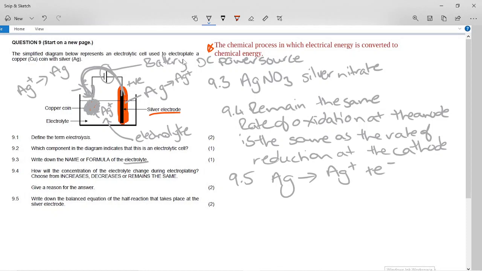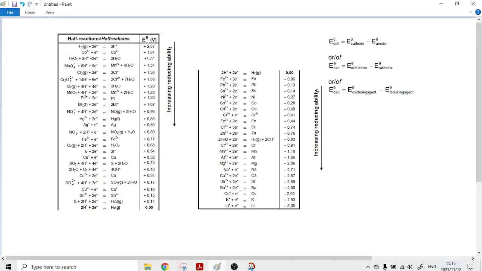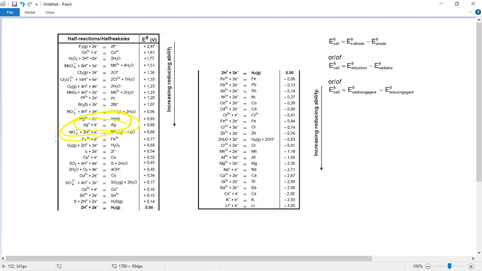Now, if you are not sure about how to write this reaction, if it has 1 ion or 2 ions, you go to your table and you look for silver in your table. So here in the table is the reaction we are looking for: Ag+ plus an electron goes to Ag.